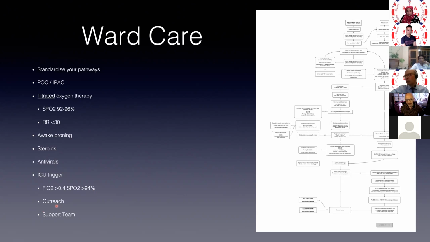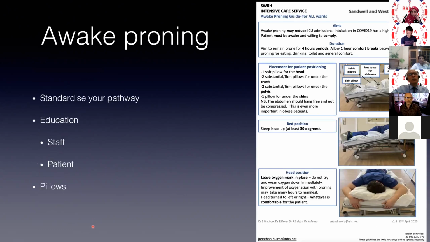Initially, that will be done by our outreach team, which is a team of intensive care nurses who work on our wards, supporting our ward staff. But as the pandemic progressed, the outreach team were pulled back to provide core nurses in ITU. So we then had an ITU support team, which I'll talk about later, who provided the same function. So that's the pathway for our ward patients.